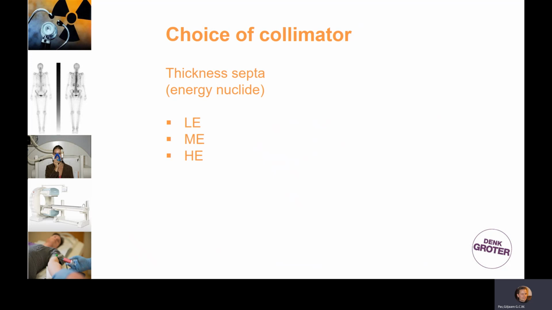Because a lower energy nuclide will send out radiation with a lower energy, and in case of the high energy nuclide, the high energy radiation might go through the walls of the low energy collimator. So therefore, if you use a high energy nuclide, you need to choose a high energy collimator with thick septa.